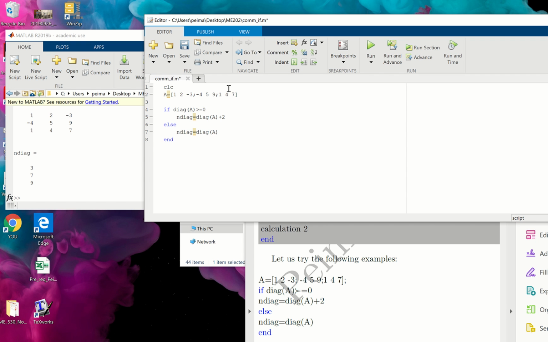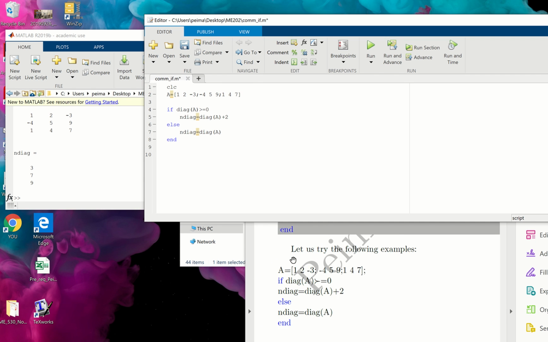Understand? So let us run this. Again it gives me 3, 7, 9 because the first condition is already satisfied. So it's gonna carry out this calculation, not this. That's right.